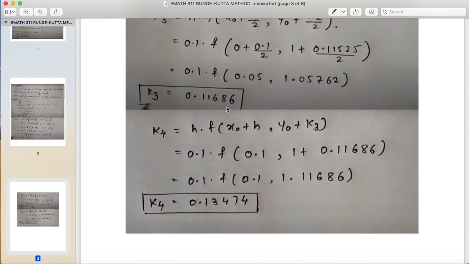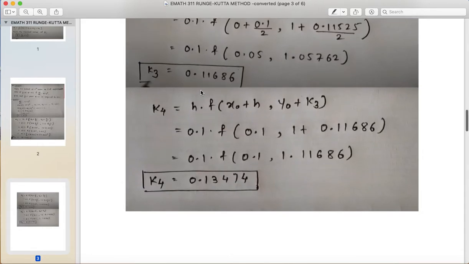After this, we have our approximate value. Let me see, just a second. Okay, right, we need to continue to number 4, since we already have k3 as 0.11686.